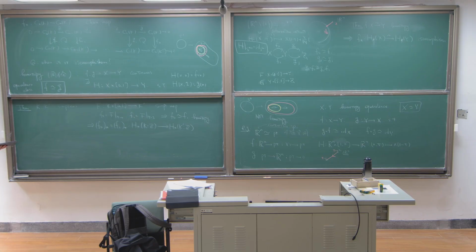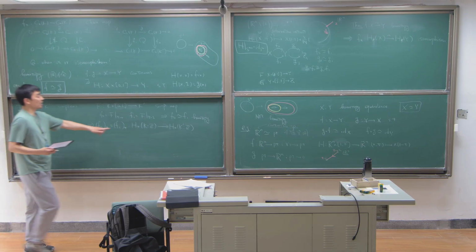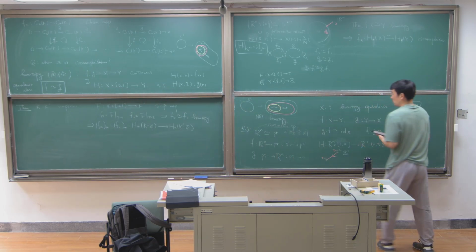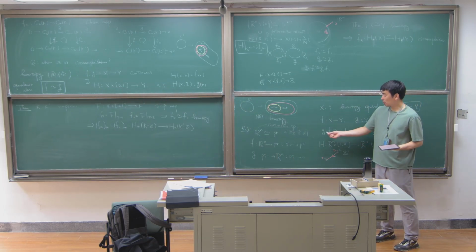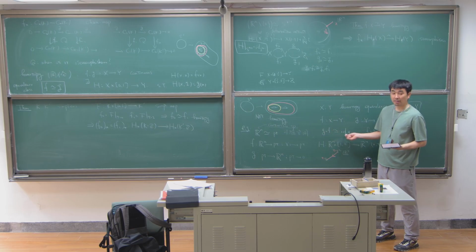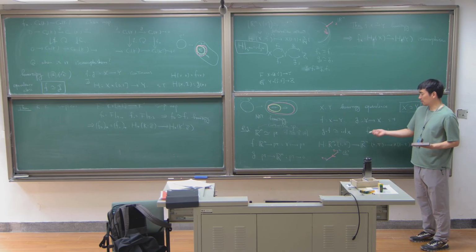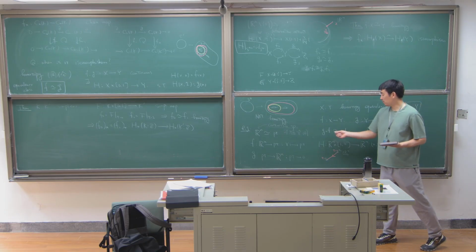Okay. So this means that if X and Y are homotopy equivalent, then f dot g is the identity of X, and g dot f is the identity.